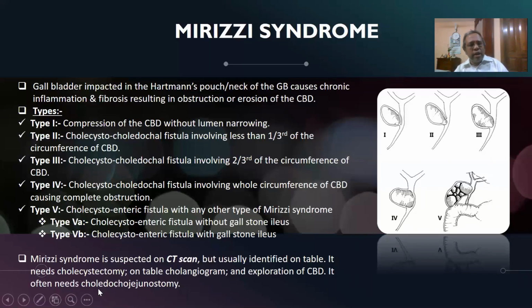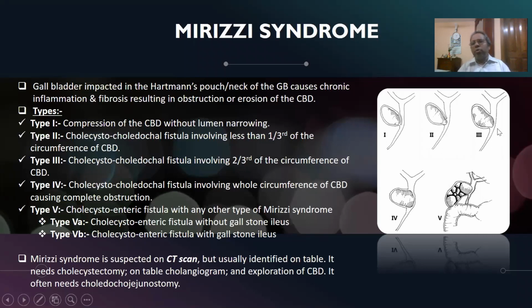But the important thing is that Mirizzi syndrome is suspected on CT scan, though it is easily identified on the table, because we routinely don't go for CT scan. If you do a CT scan, you can more easily delineate whether the patient has Mirizzi syndrome. That pressure effect causes some jaundice. So it needs cholecystectomy, on-table cholangiogram, and exploration of the CBD, and often needs choledochojejunostomy.